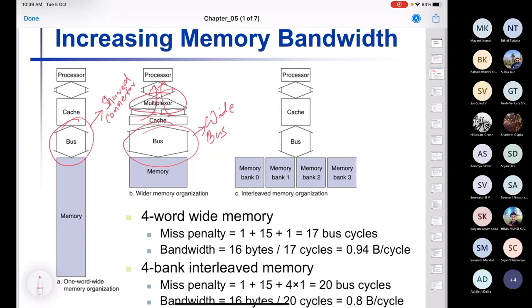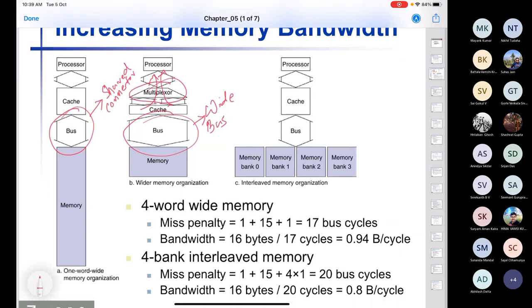Now, what if you have multiple memory chips? Each of these are called memory banks. But your bus width is not that wide. It means it cannot cover all 4 banks, four chips, at one go. What you do there is, the electronics is such that you access memory bank 0, then you can access memory bank 1, then memory bank 2, and then memory bank 3.